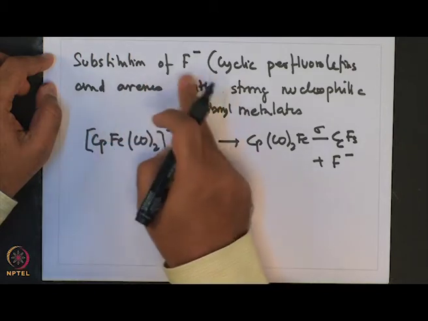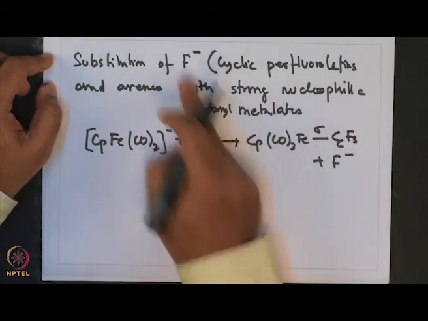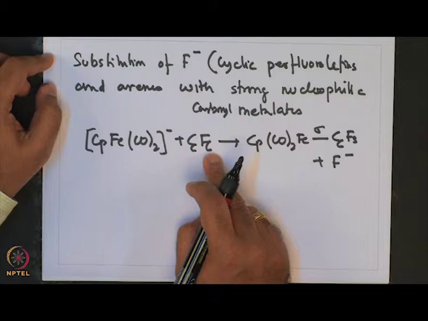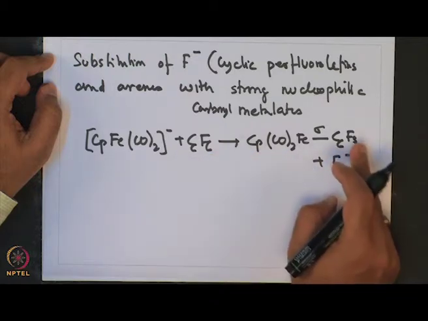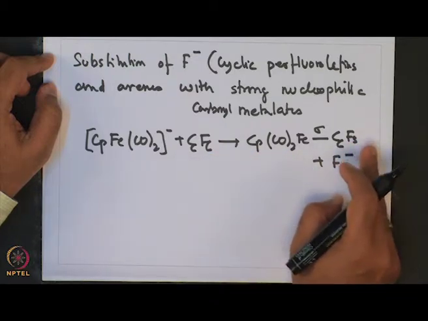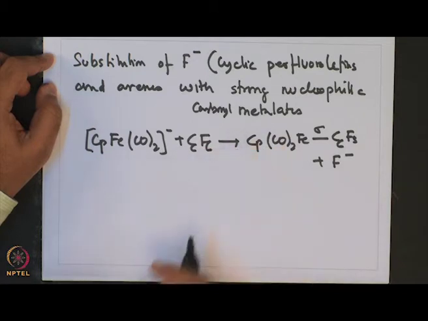So, here the metallate anion is substituting a fluoride anion in this C6F6 moiety.